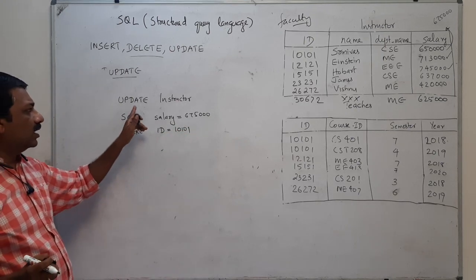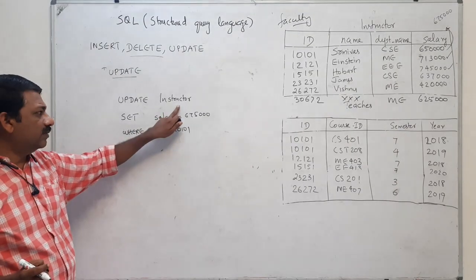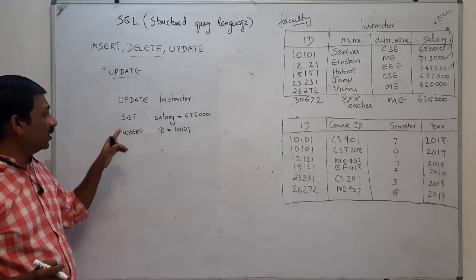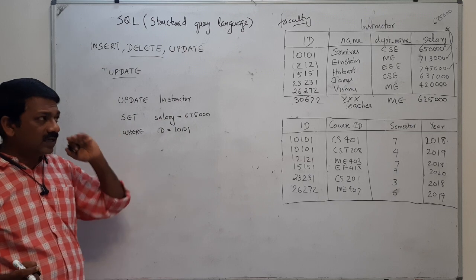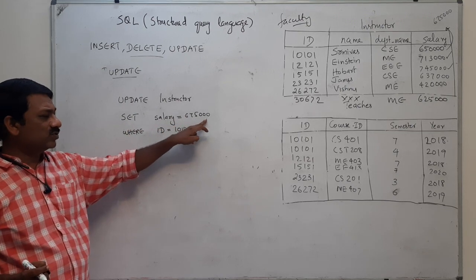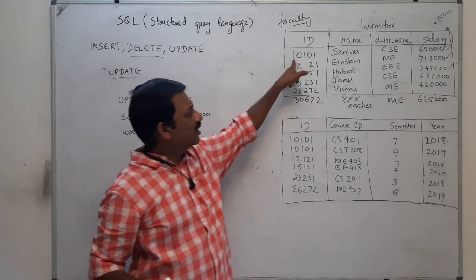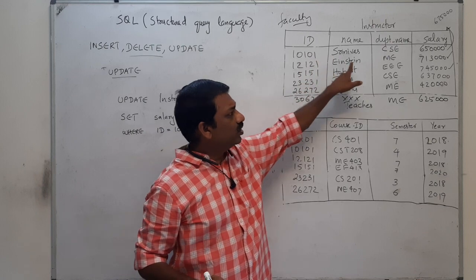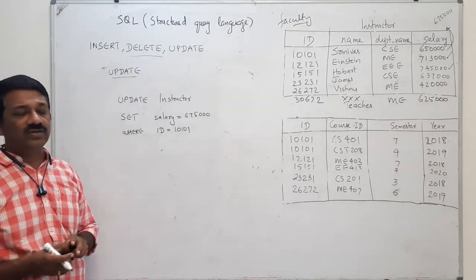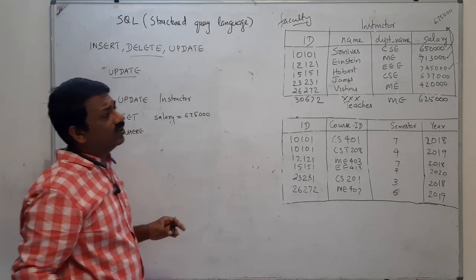When this is executed, we update the table instructor, set the salary to 6,75,000 where this is the condition: if ID is equal to 10101, we are going to update the salary as 6,75,000.